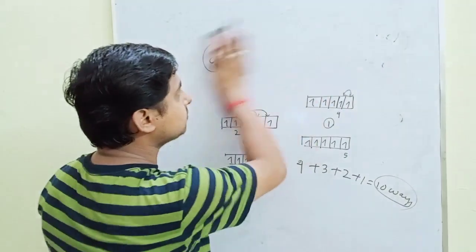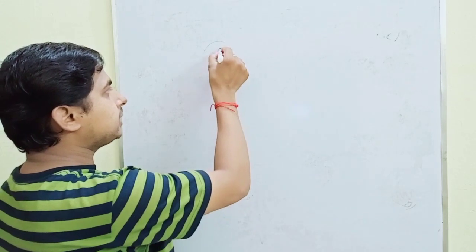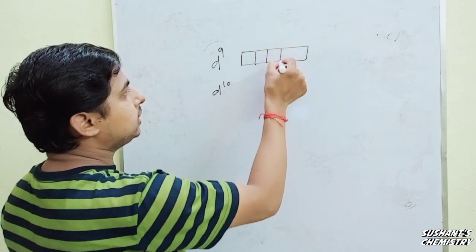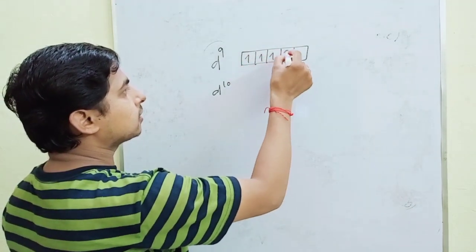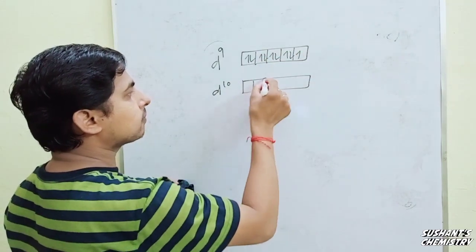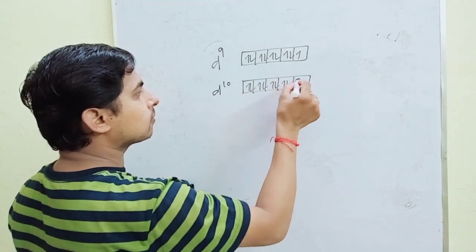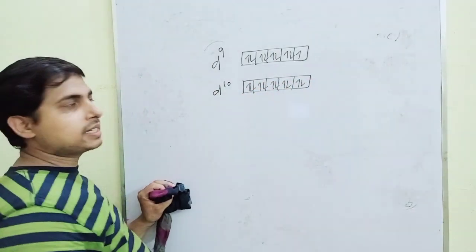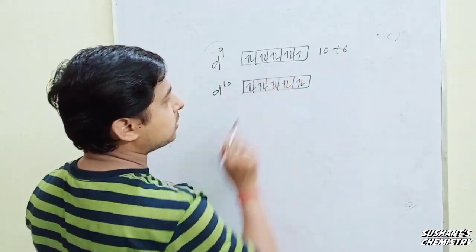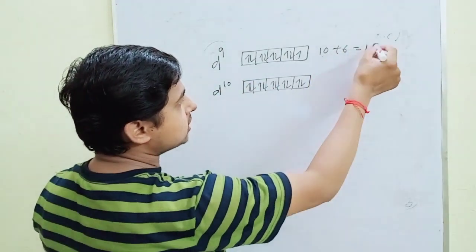Similarly, if you consider D9 and D10 configuration, the number of exchanges in D9 is 10 plus 6. Upspin 5 electrons, downspin 4 electrons: 10 plus 6, 16 ways.